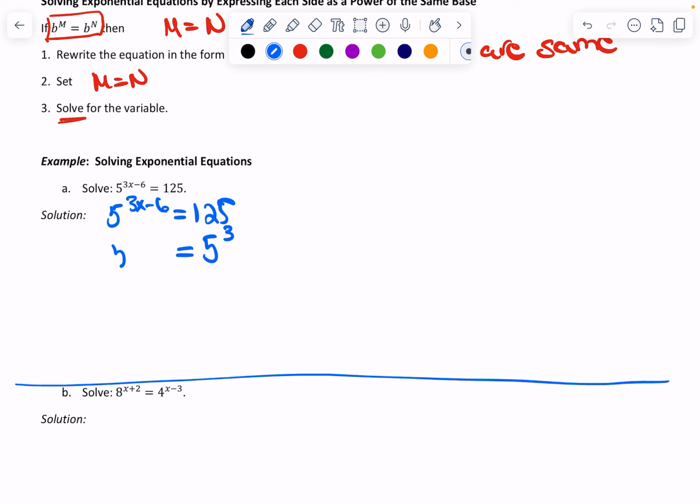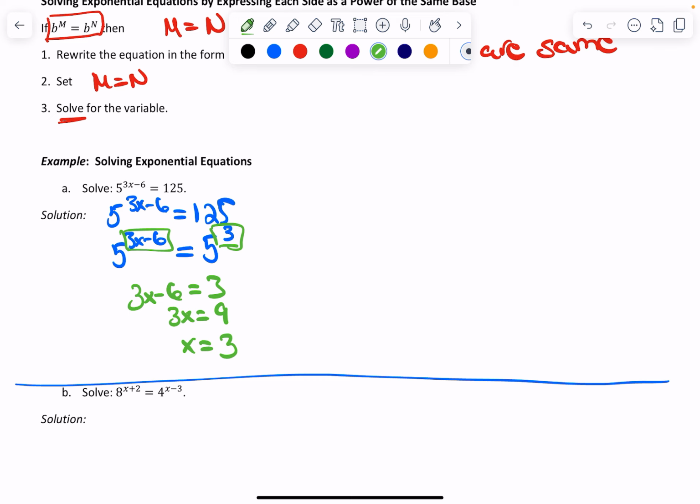It's the same thing as 125. So now the bases are the same, and we can just take the exponents. So 3x minus 6 equals 3. And now we're going to solve. We're adding 6 to both sides, so we get 3x equals 9, and dividing by 3, we get x equals 3.